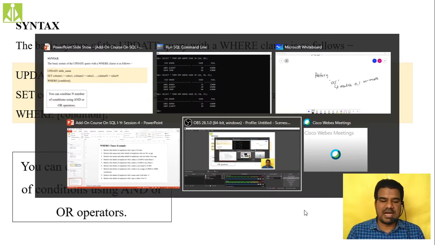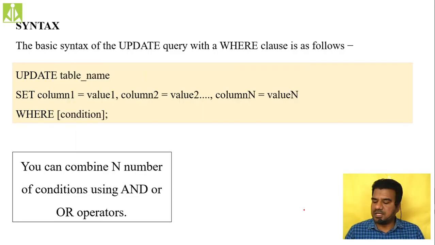So here what exactly will happen: first of all, update table will be considered as you are going to update the table. Then it will select the records to update. How will it select the records? By using this where clause. Whatever records satisfy this where condition, all those records will be selected.